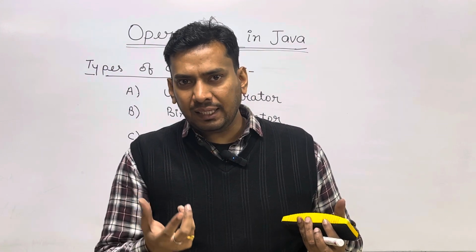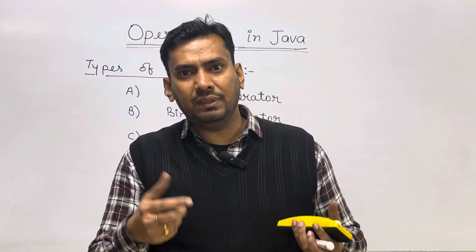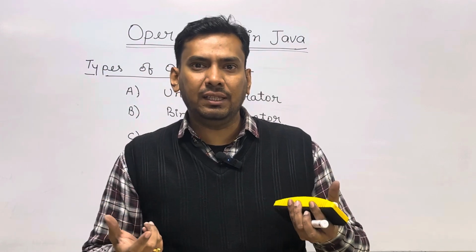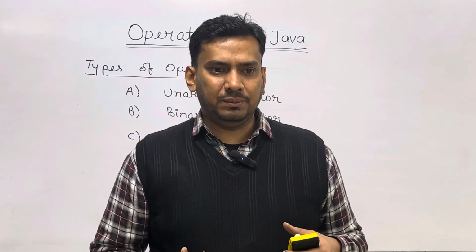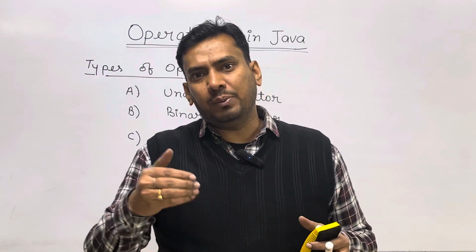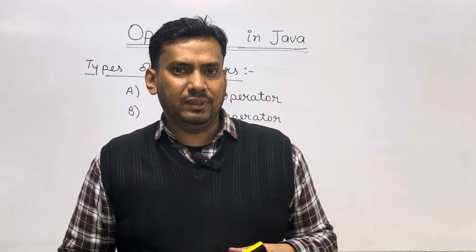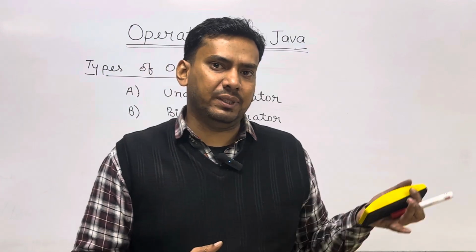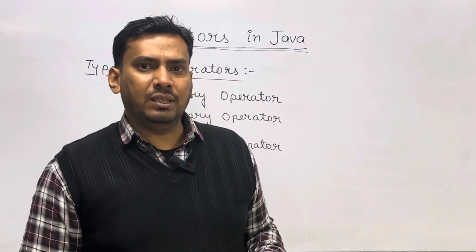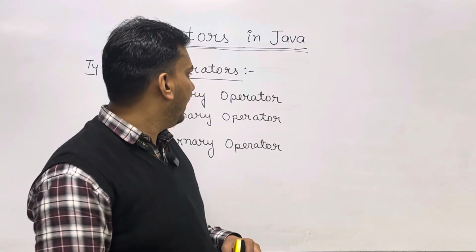On the other hand, the same ampersand operator will act as a bitwise AND operator if your operands are integer type. So depending on the operands, the operators change their behavior. We will discuss that in a separate video. Here we are just going to talk about the operators based on the number of operands.